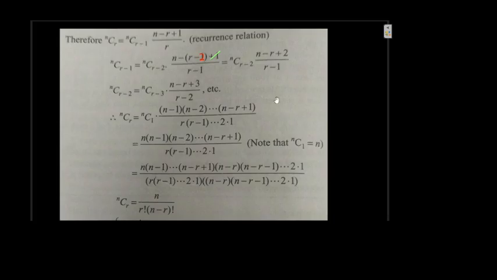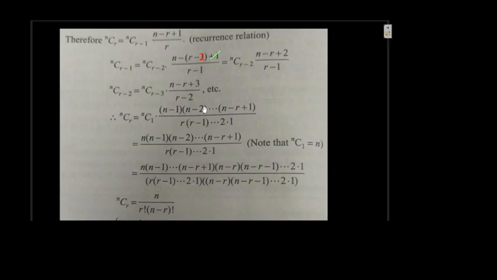Then if we write n choose r minus 2 in terms of n choose r minus 3, this term becomes n minus r plus 3 divided by r minus 2. Then if we continue this process until n choose r equals n choose 1 times this, a lot of the terms will multiply together.